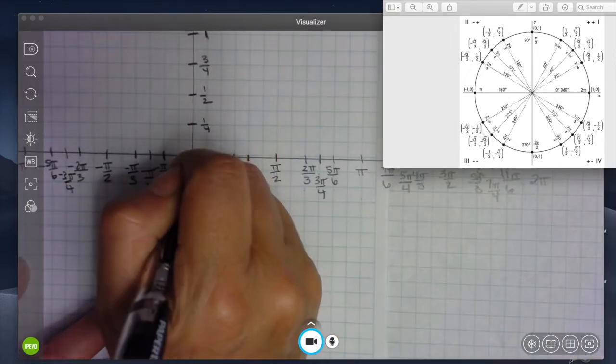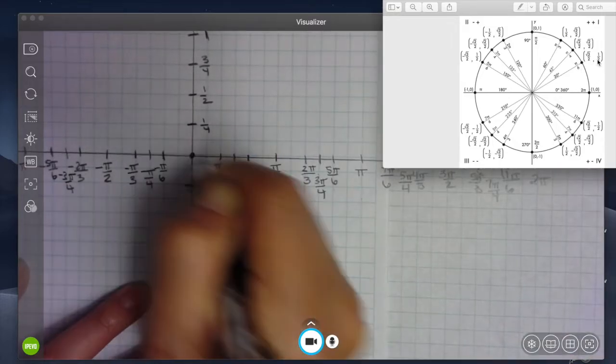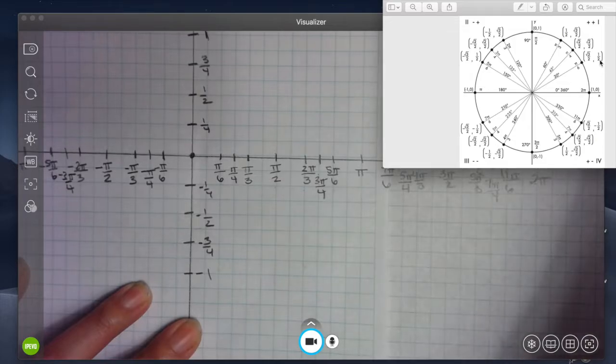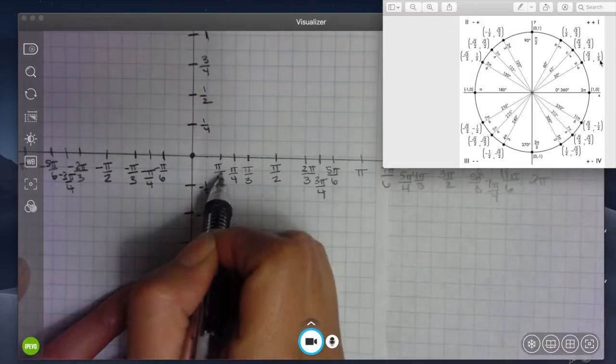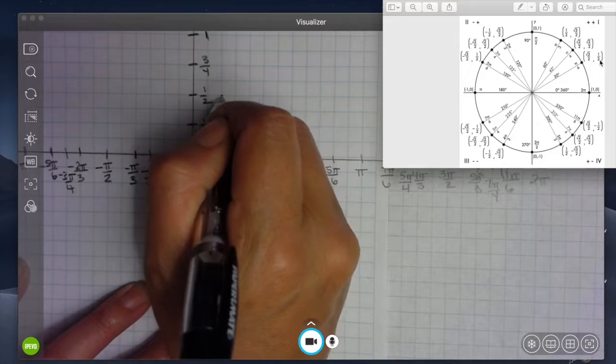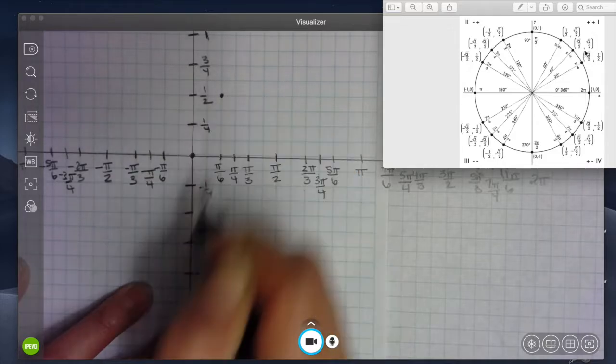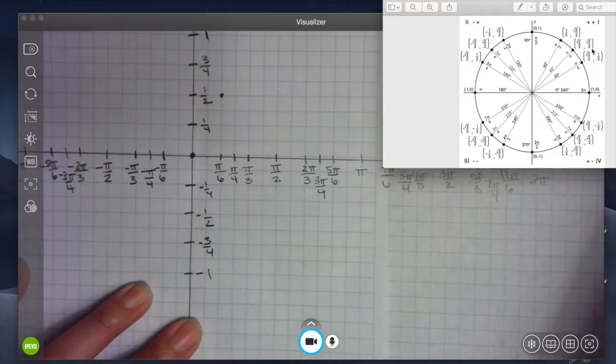So now we're at pi over 6. At pi over 6, the y coordinate is 1/2. So I'm going to put a little dot right there. At pi over 4, the y coordinate is root 2 over 2. So grab your calculator.